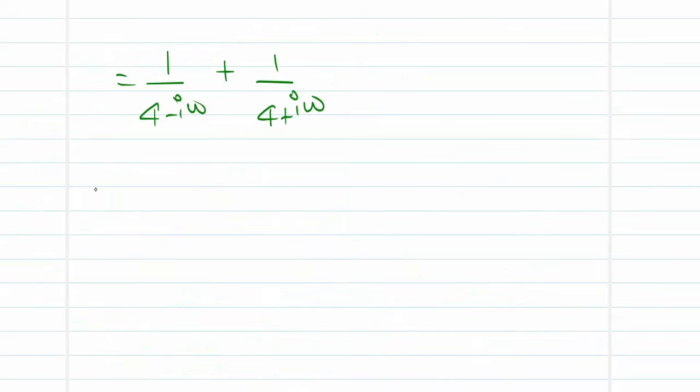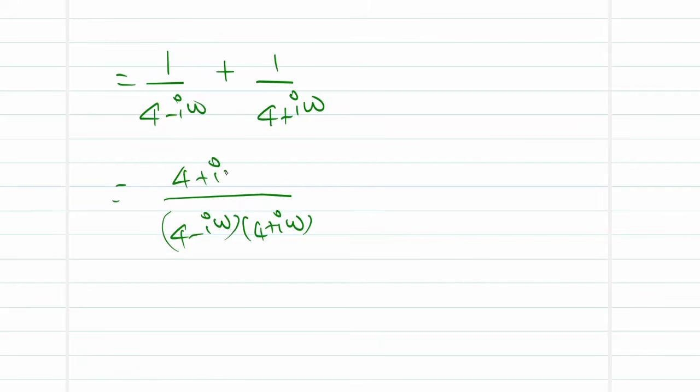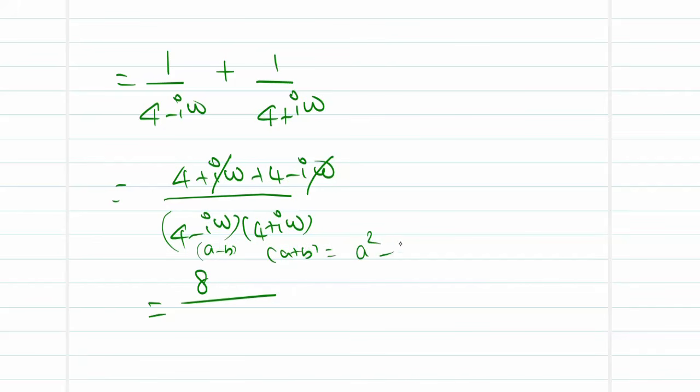So now let me take the LCM, which is going to be 4 minus I omega into 4 plus I omega. So cross multiplying, 4 plus I omega plus 4 minus I omega, plus I and minus I cancel off. 4 plus 4 makes it 8, divided by. Now this is of the format a minus b into a plus b, which can be written as a square minus b square. So this becomes 4 square minus I omega the whole square.